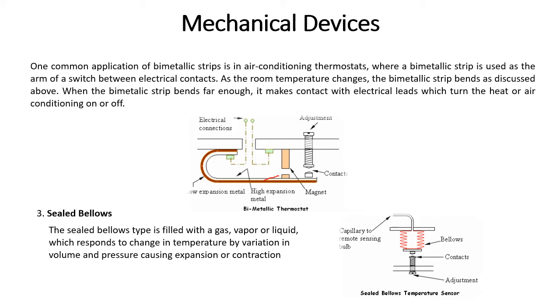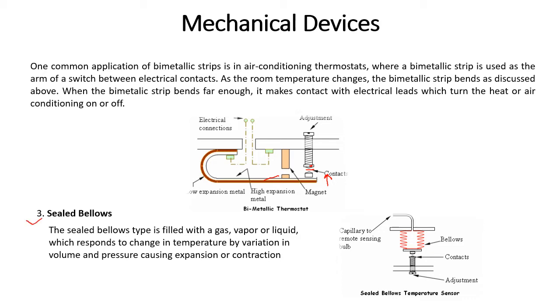As the room temperature increases, the bimetallic strip bends toward this side, and when it bends far enough it makes contact with the electrical leads here, which turns the heat or air conditioning on or off. So once the temperature increases, it touches the contact and sets the air conditioning on, and when it cools enough, the contact is broken and the air conditioning stops again. So this is how a bimetallic strip works.